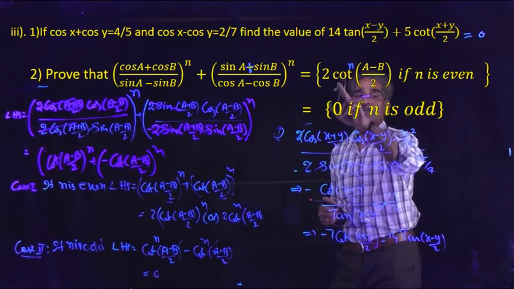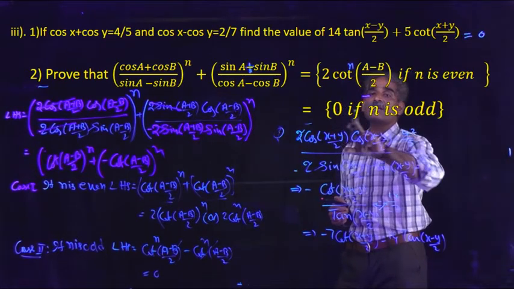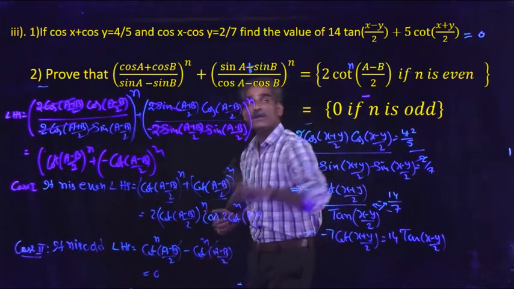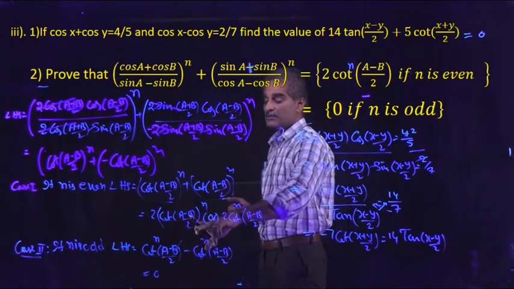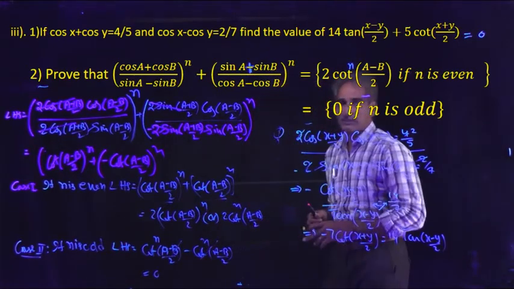Understand? This is the value when n is even. The second value is when n is odd: the expression value is 0. When n is even, the expression value is 2 into cot of (a minus b)/2 whole power n.